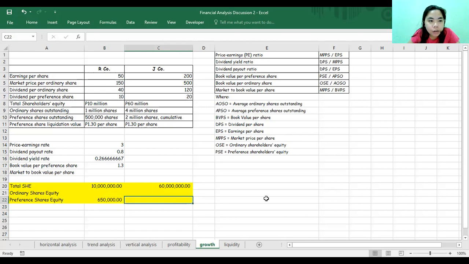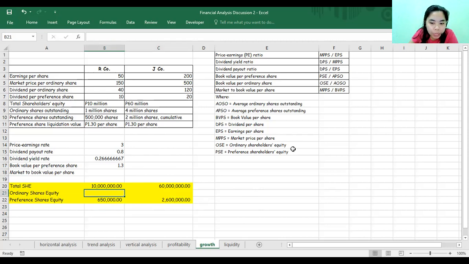And for J company, it's 2 million times 1.3, so 2.6 million is the preference share equity of J company.